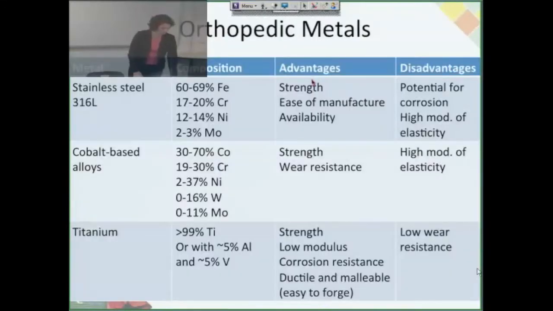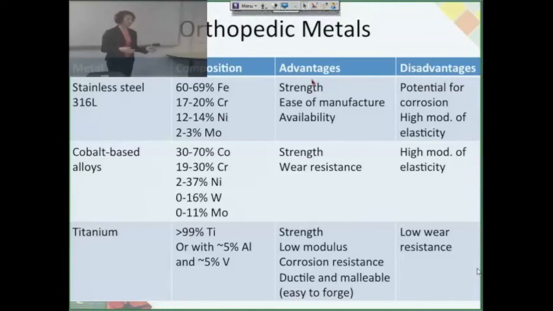So the most common materials that are used in orthopedic applications, the most common metals, are stainless steel, cobalt-based alloys, and titanium. So stainless steel is primarily iron with a significant amount of chromium. Cobalt is mostly cobalt, also a significant amount of chromium.